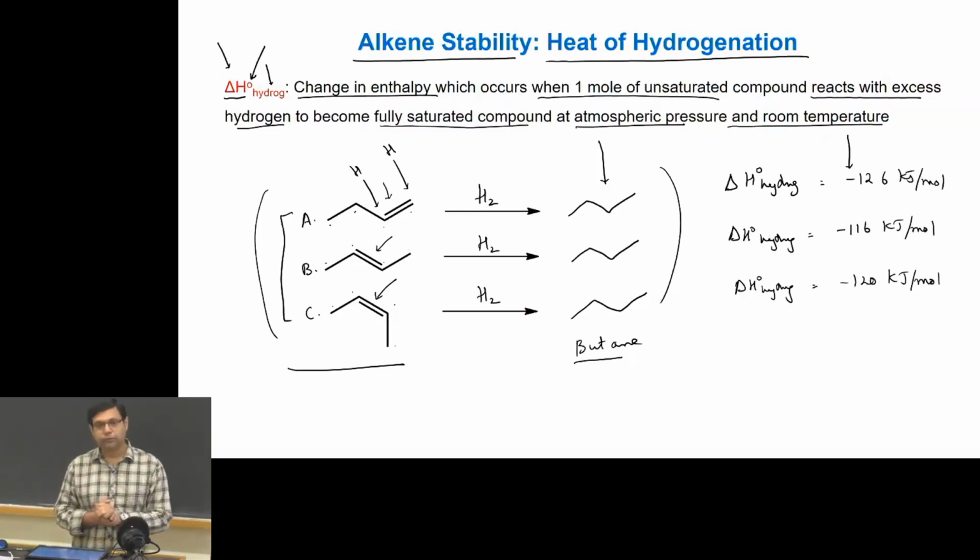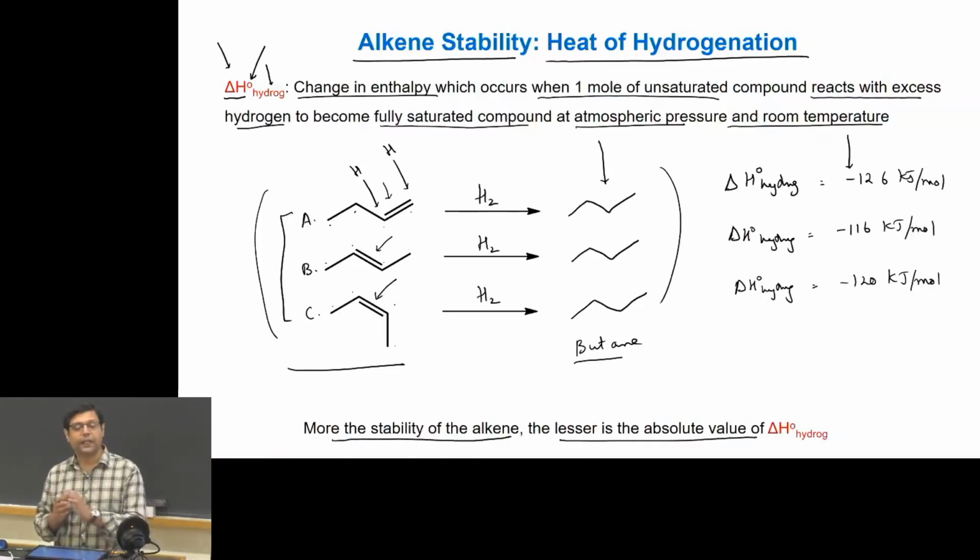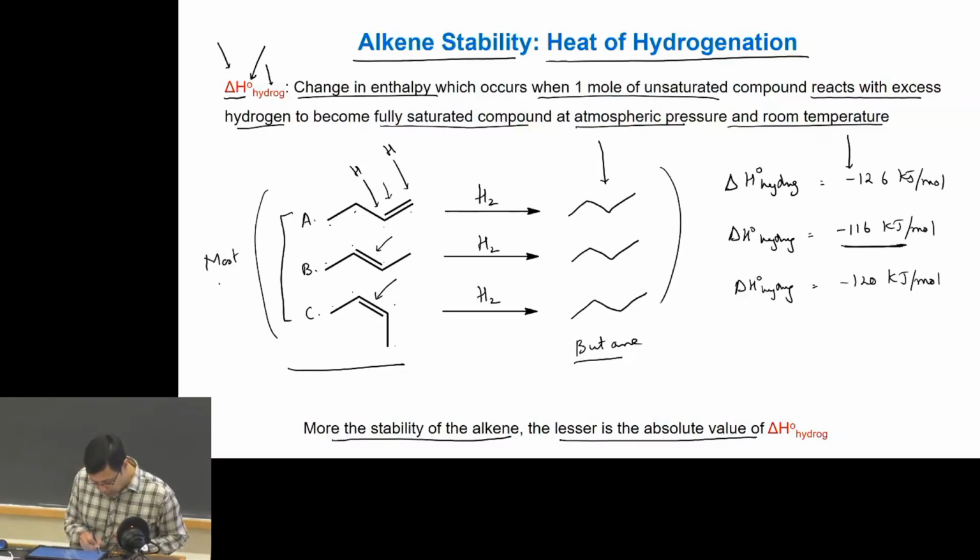The second point is that the more stable the alkene, the lesser is the absolute value of delta H. So among these 3, if you take a look, this has the least absolute value. This is the most stable alkene. This has the highest absolute value.